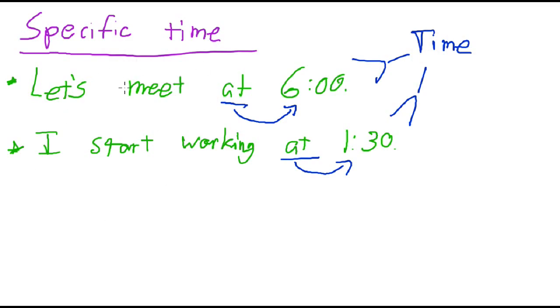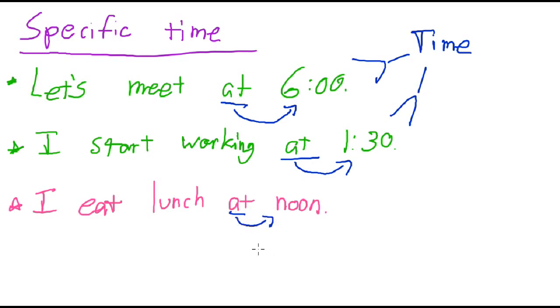And we also use at for some other times during the day. Okay, so for example, we could say I eat lunch at noon. I eat lunch at noon. But what is noon? Well, noon really is just 12 o'clock, which is also a specific time. Okay, so we say at noon.